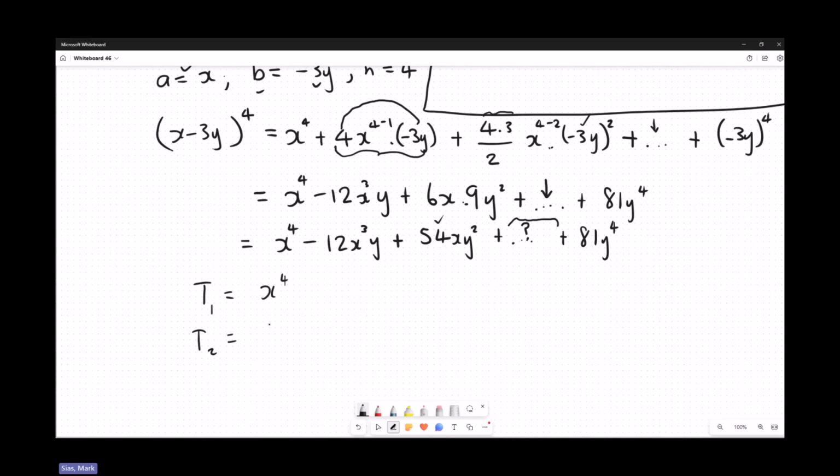I just wanted to be as brief as possible. Then term 2 is 4x cubed times minus 3y, and then you say minus 12x cubed y. You understand it? That's not a problem.